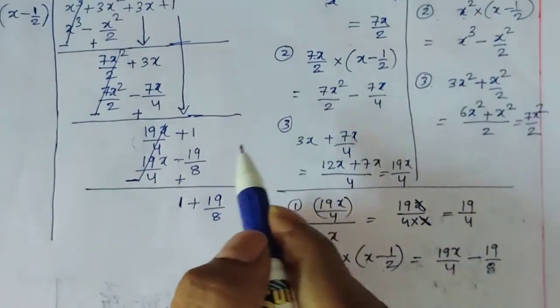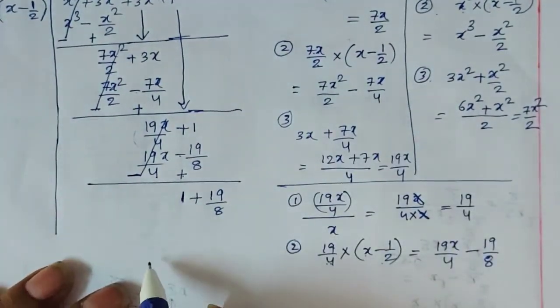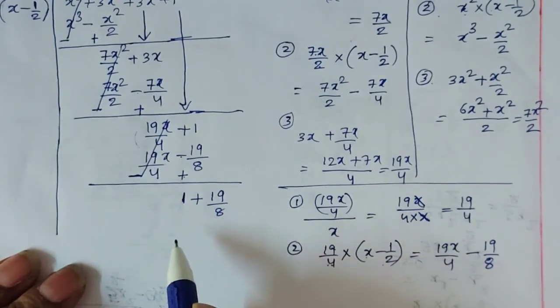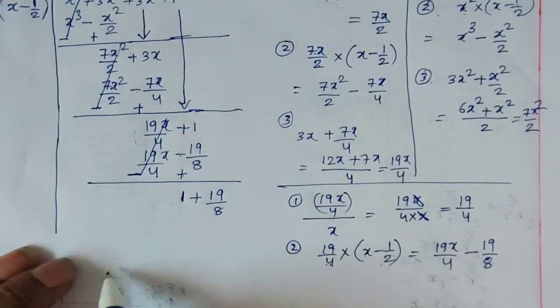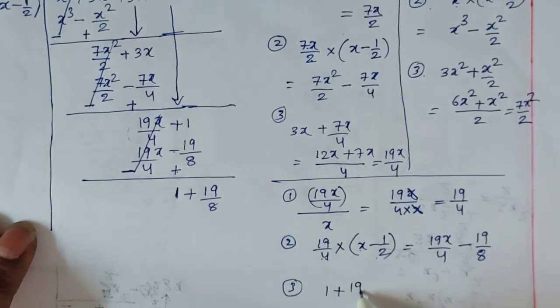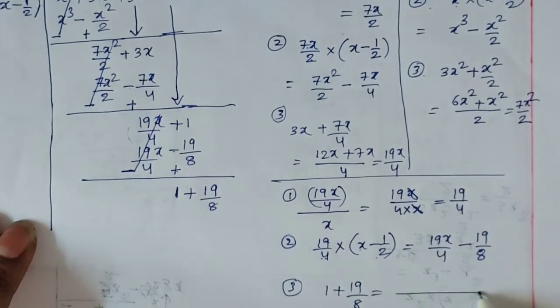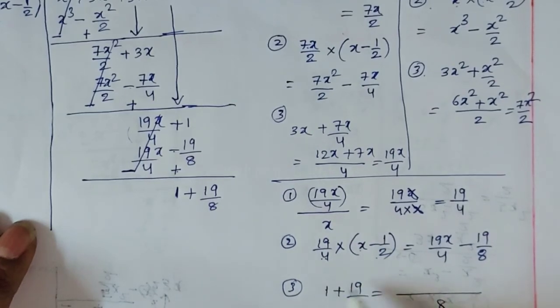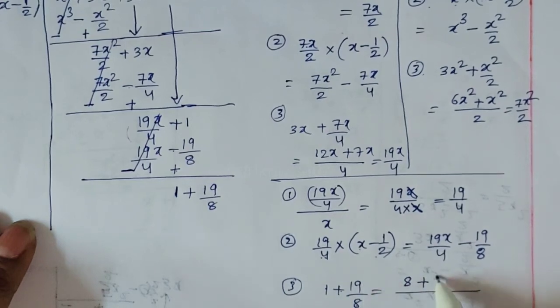So now you need to simplify this. So this will become 1 plus 19 by 8. So you know that the LCM is 8. 8 into 1 becomes 8. Since there is plus, write plus 19.